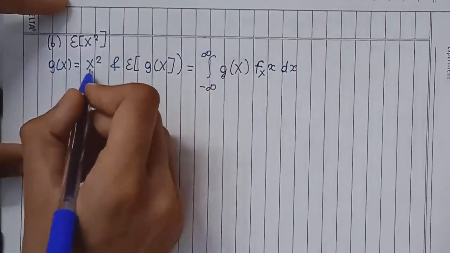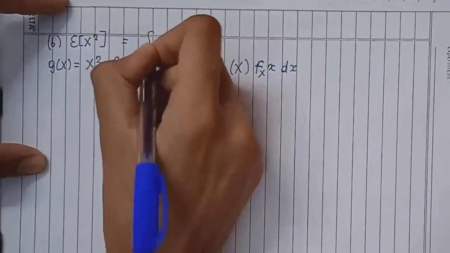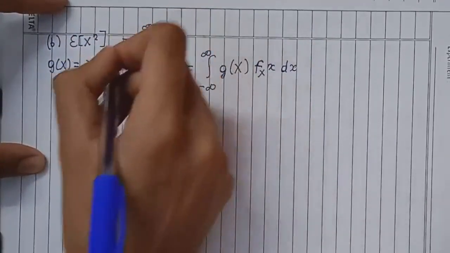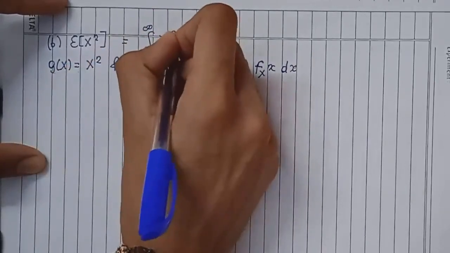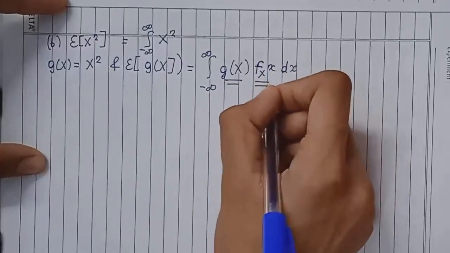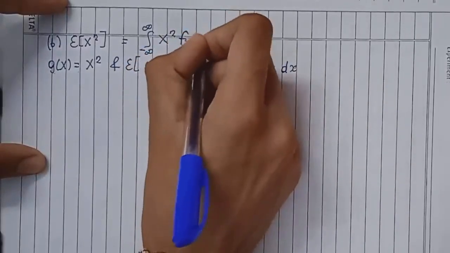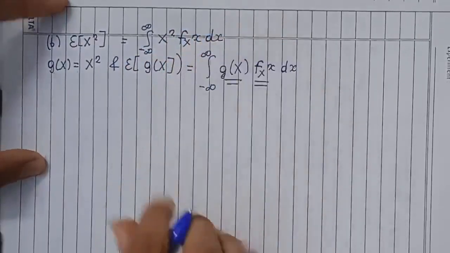Now here the function is equal to x square, so it can be written as integration from minus infinity to infinity of the function x square, and then after the function we take its product with the respective PDF values.